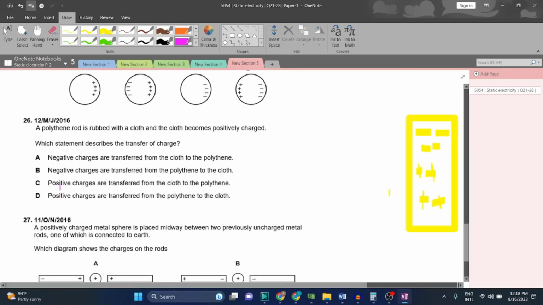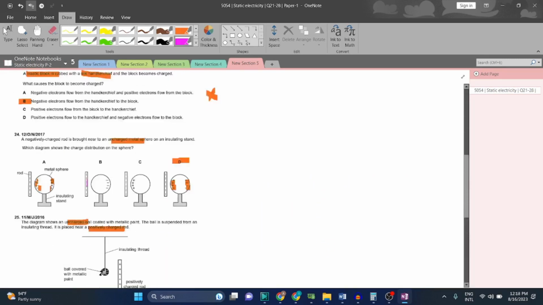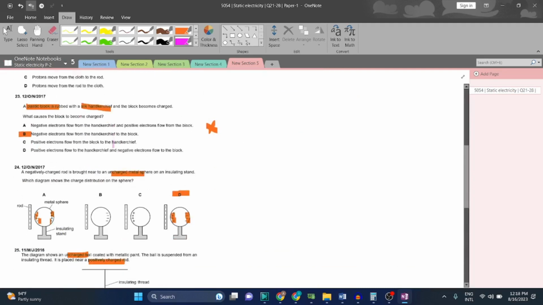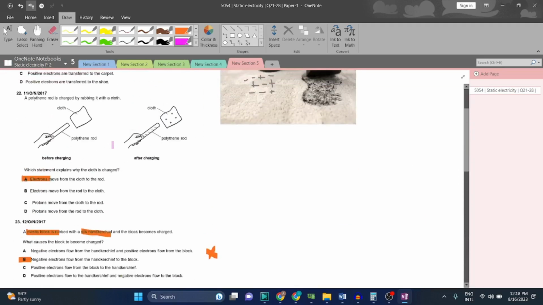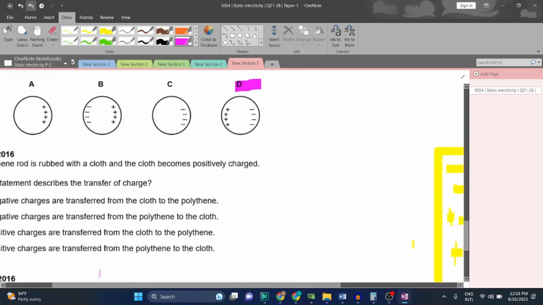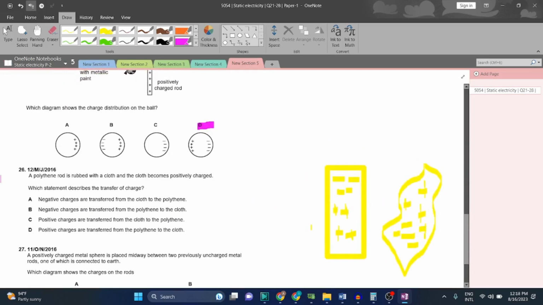Question 26. A polythene rod is rubbed with a cloth and the cloth becomes positively charged.